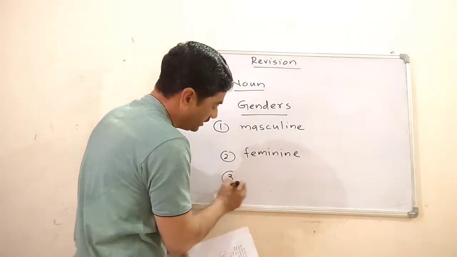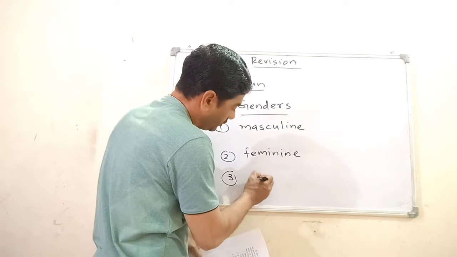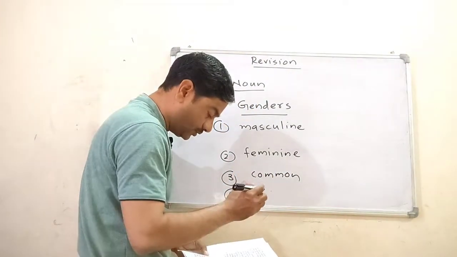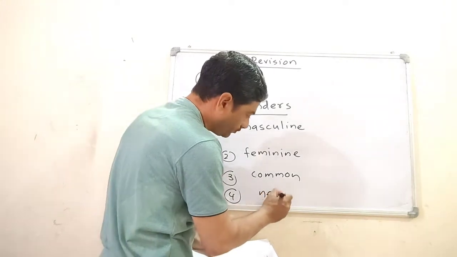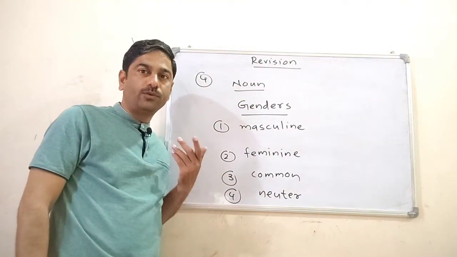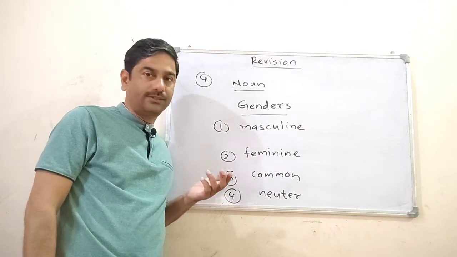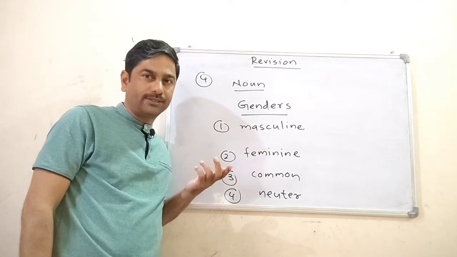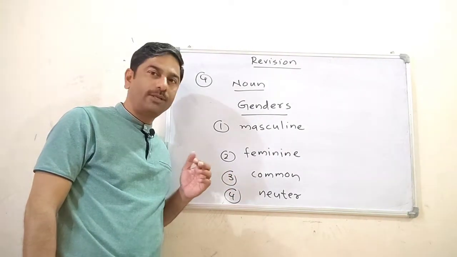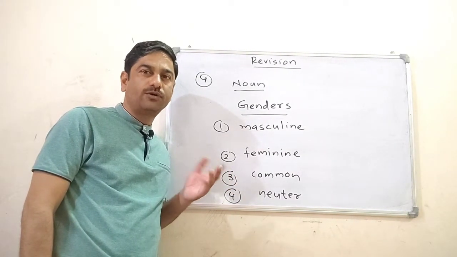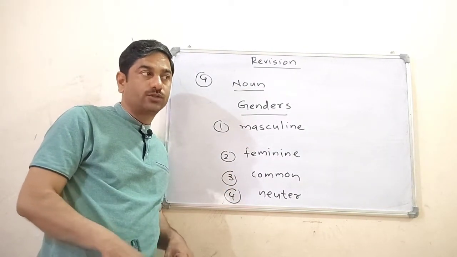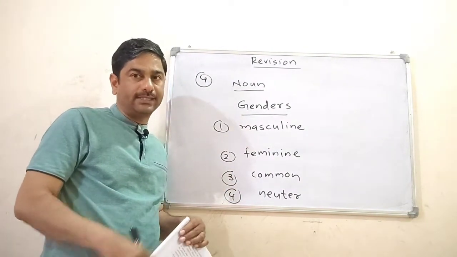The third one is common gender, and the fourth one is neuter gender. Masculine gender refers to male persons. Feminine refers to females. Common can be used for males and females. And neuter, when we speak about non-living things, neuter gender is used.